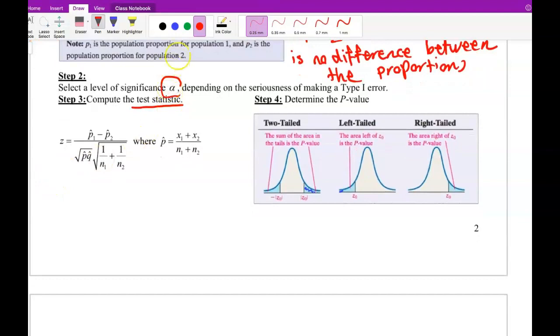Okay, I want to compare this one with what we use for one population.